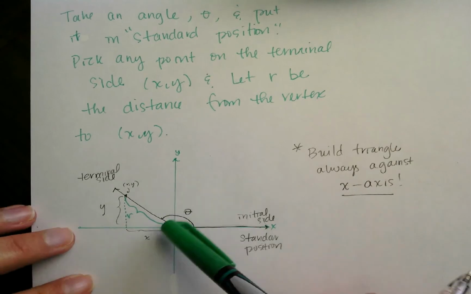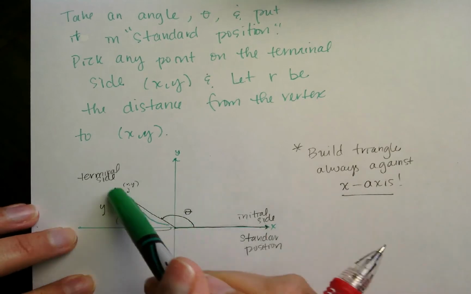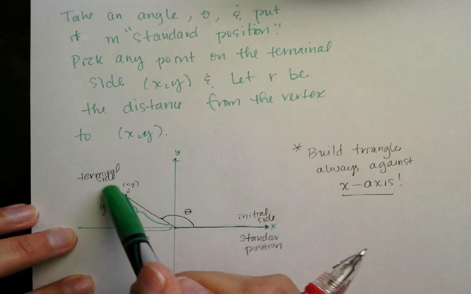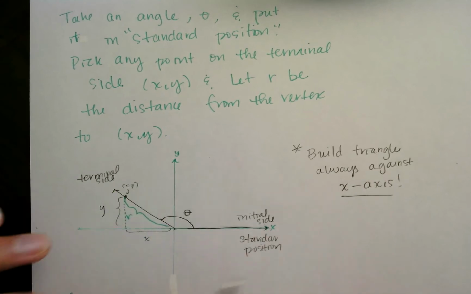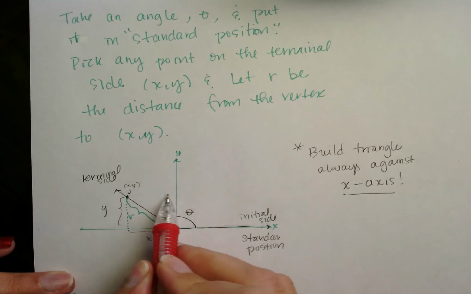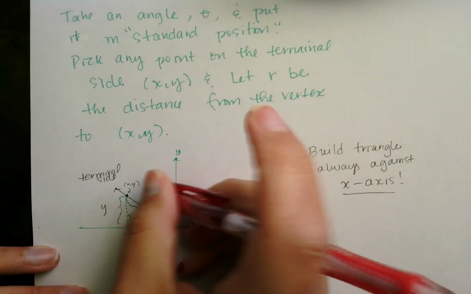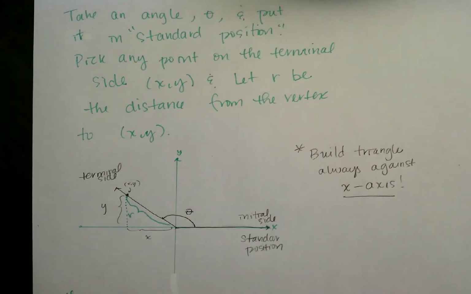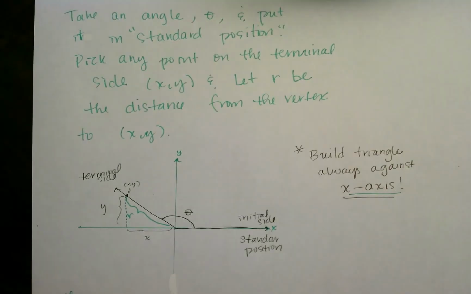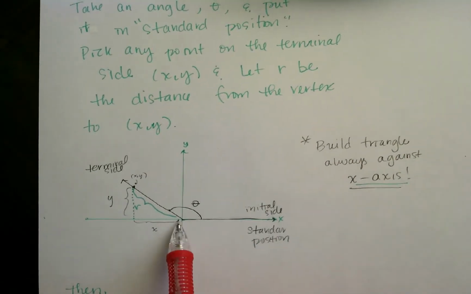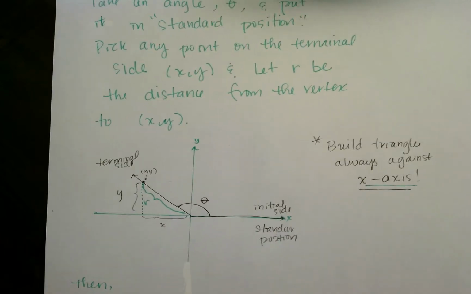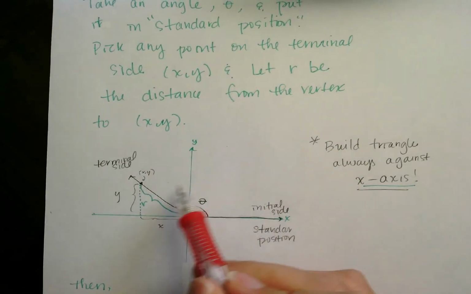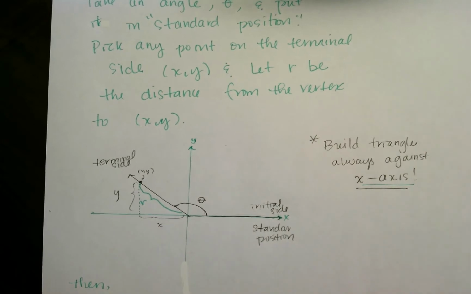Okay, so your radius comes out from the origin, and you build your triangle against the x-axis. So your triangle shouldn't be built up here against the y-axis. It's always against the x-axis. Alright, so then you have the coordinate point x, y. Okay. So you can build the angle in any of these quadrants.